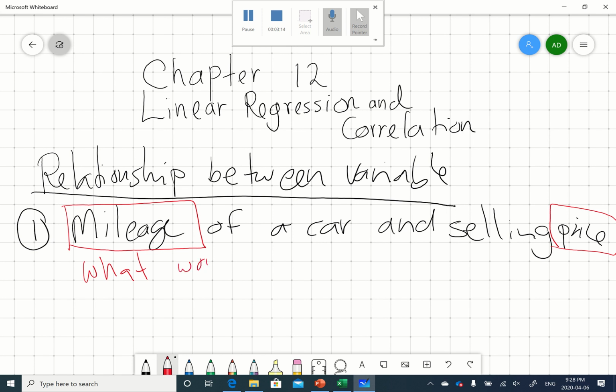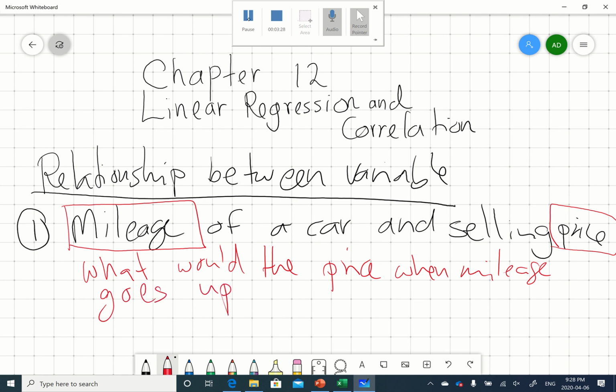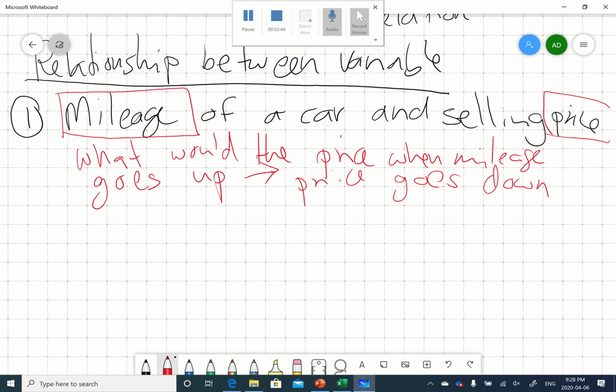What would happen to the price when mileage goes up? In practice, by general knowledge, you would say the price goes down, the selling price drops. So when mileage increases, price decreases.